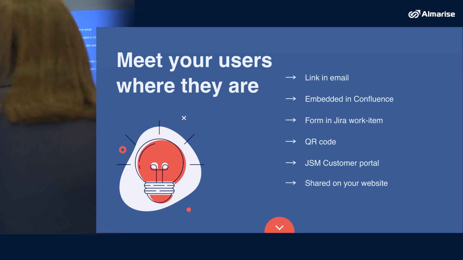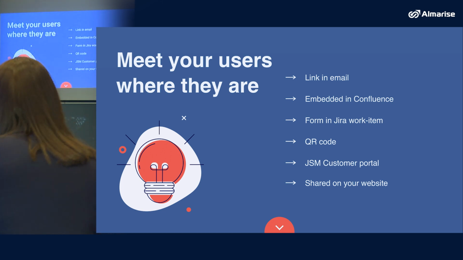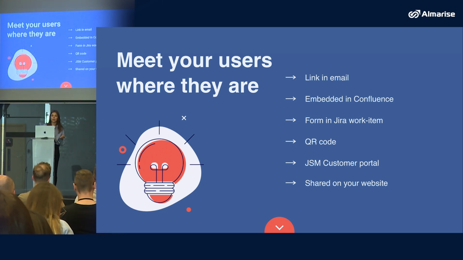Now let's talk about sharing options, because what's the good of a form when it's very hard to find it. With Smart Forms, you don't have this problem. The form can be shared via link anywhere you want, or you can convert this link to a QR code and share it physically.